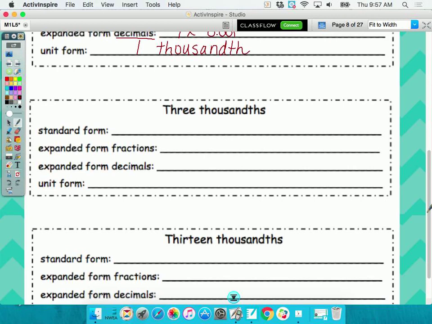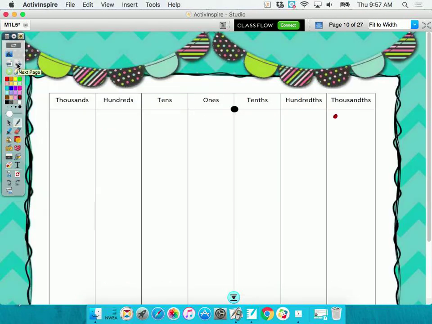It says 3,000ths. So how do I write 3,000ths? 0.003. That's 3,000ths. Are you already a step ahead of me? So what would I draw on the place value chart? 3 place value discs in the thousandths place.